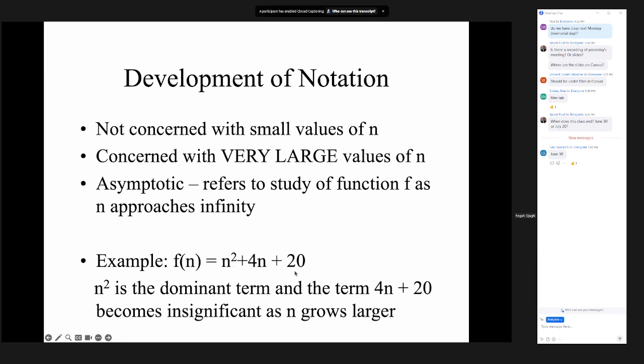Does it make sense? Yes. So I just consider how long it takes for my algorithm to be done. Why is it important? For example, say you have an app and you want to give a recommendation system to your users.